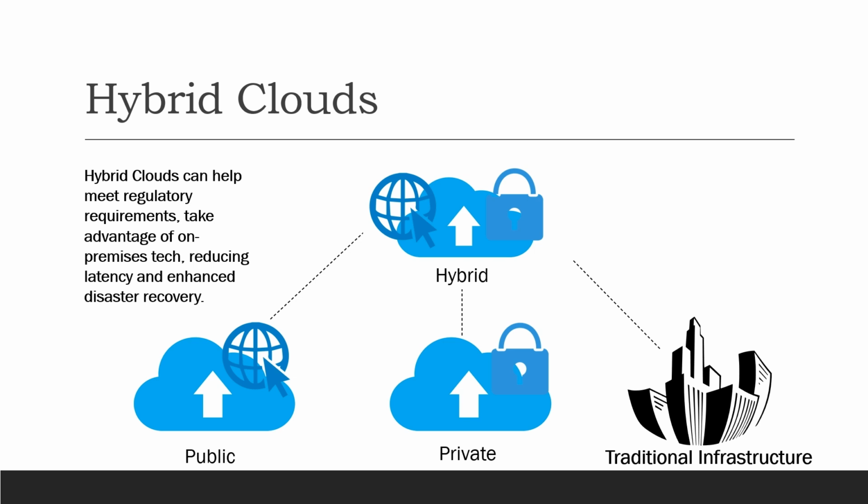You can take advantage of on-premises technology, and you can also address low latency issues. It can move computing power closer to where the data resides, which can reduce latency time significantly. And it can also provide other benefits such as disaster recovery, meaning that having multiple environments for computing can simplify disaster recovery planning.